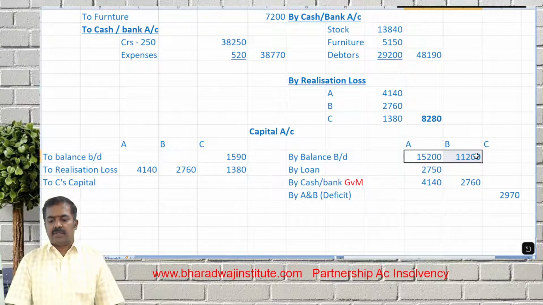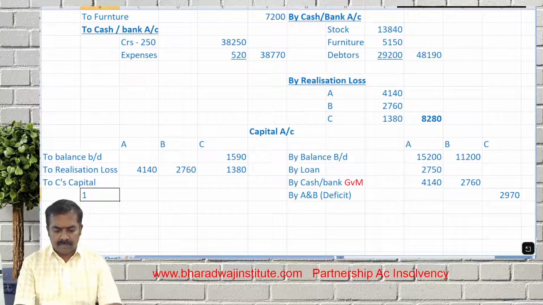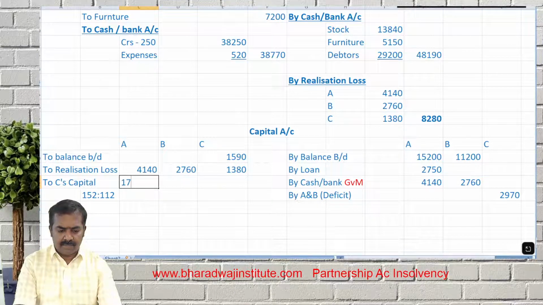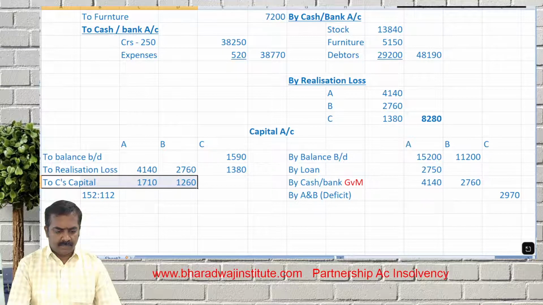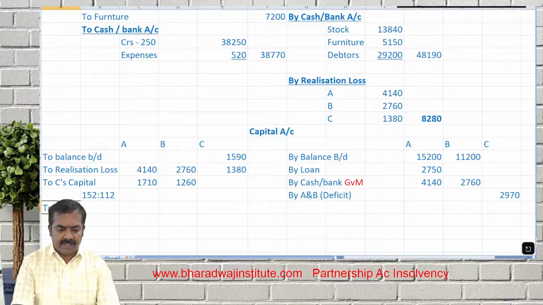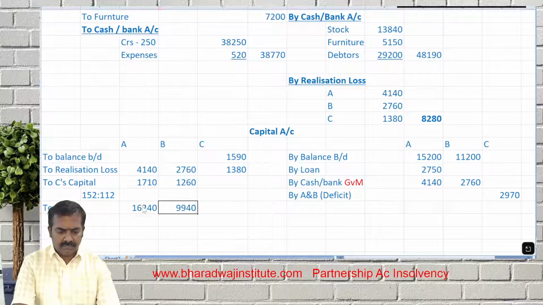This capital ratio 152 is to 112 ratio. 1710, 1260. 1260. Balance will be paid in cash. 16,240 and 9,840.